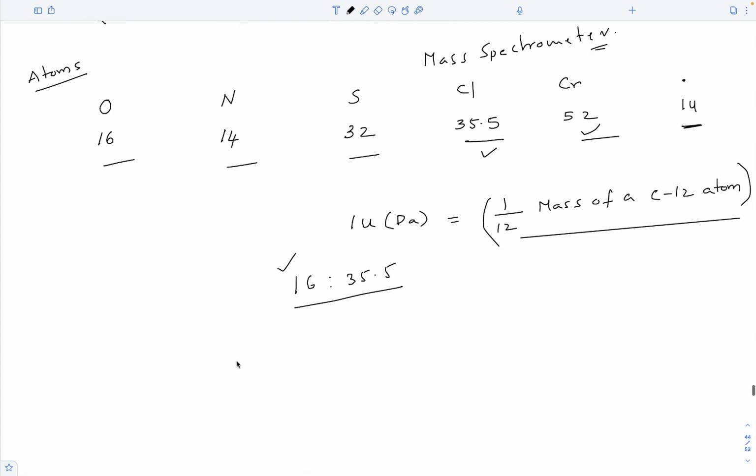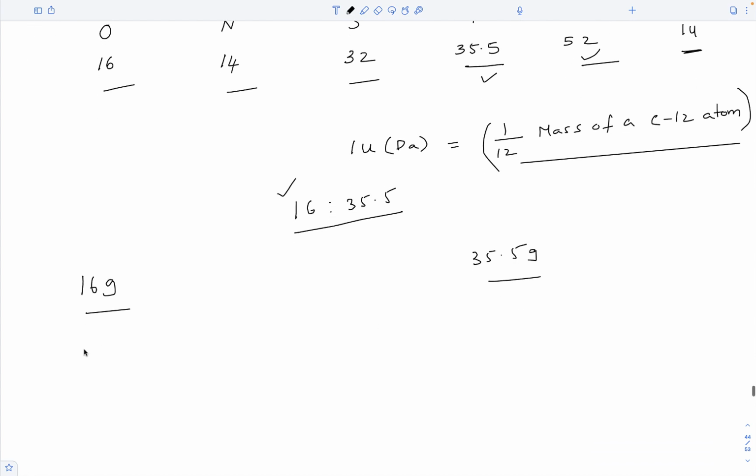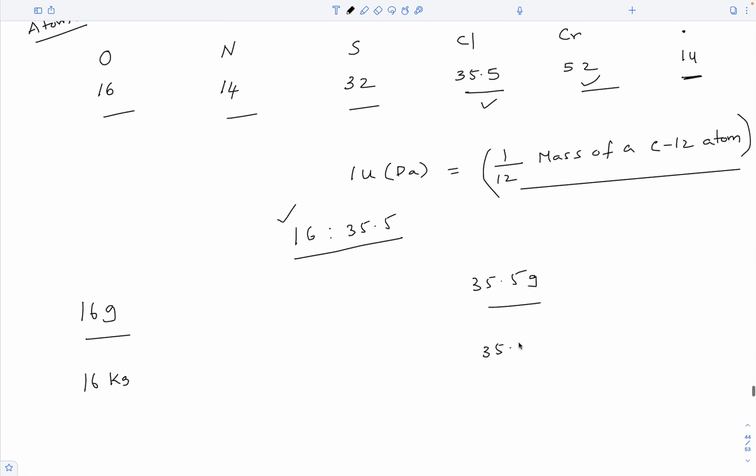So, if you buy 16 grams of oxygen and 35.5 grams of chlorine, then you are guaranteed to have equal number of oxygen atoms and chlorine atoms. Or you could buy 16 kilograms of oxygen and 35.5 kilograms of chlorine as well. These weights are also in the same ratio. So these amounts of oxygen and chlorine will also have equal number of atoms.